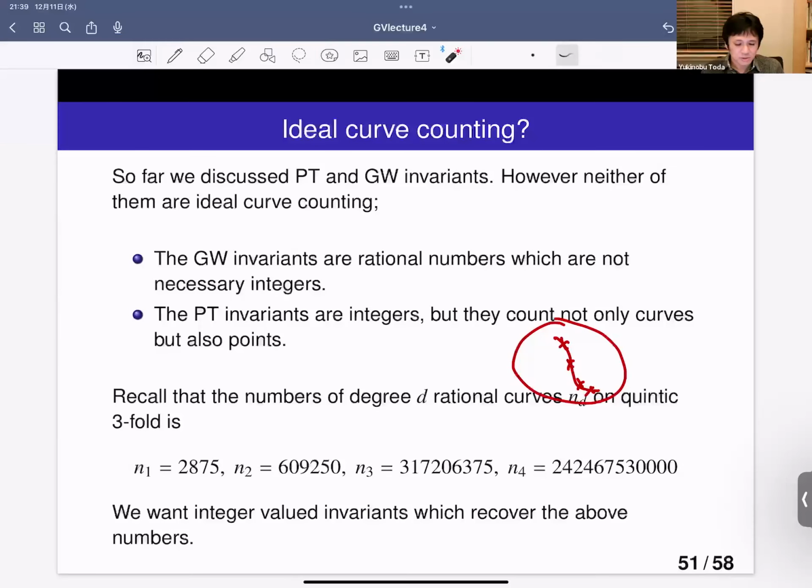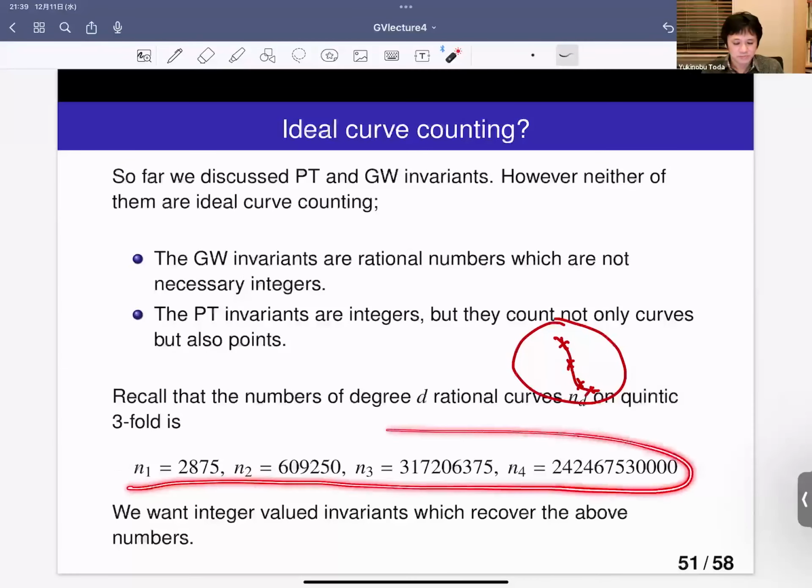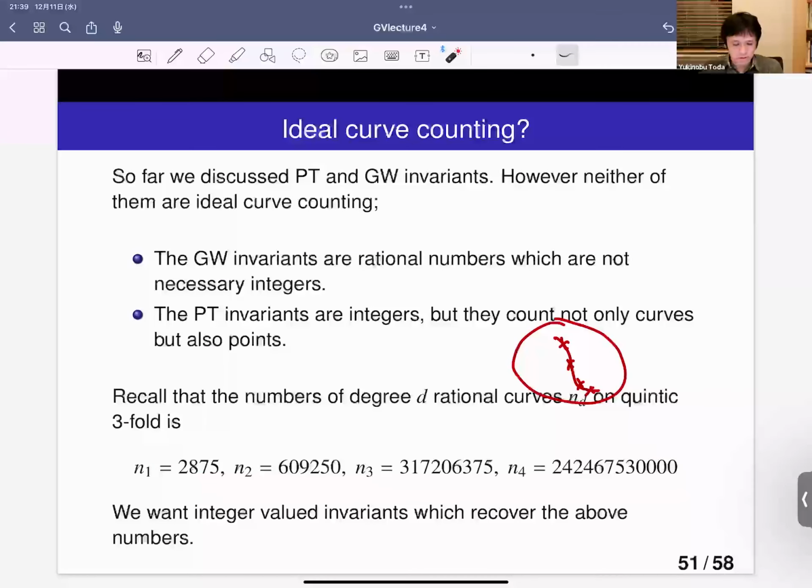That's because the number of degree d rational curves on the quintic threefold is, as was given in my first lecture. And we want to have some sort of integer valued invariant which recovers these numbers.